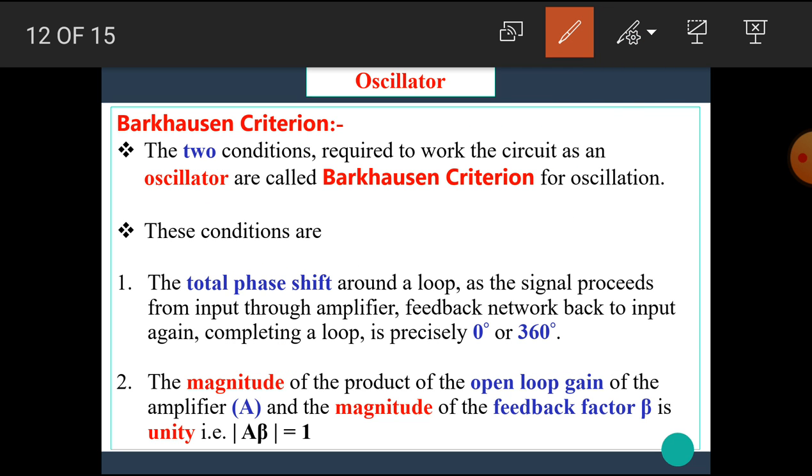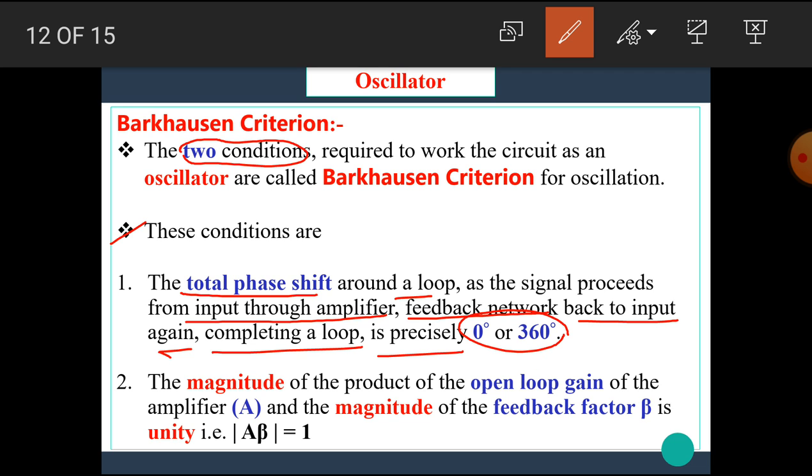The first condition is that the total phase shift around a loop, as a signal proceeds from input through the amplifier and feedback network back to the input again, completing a loop, is precisely 0 degree or 360 degree.